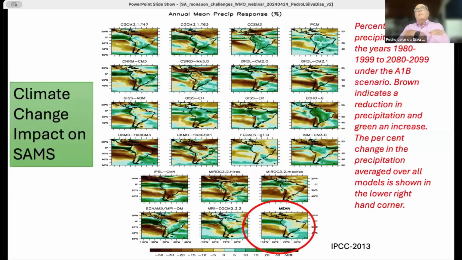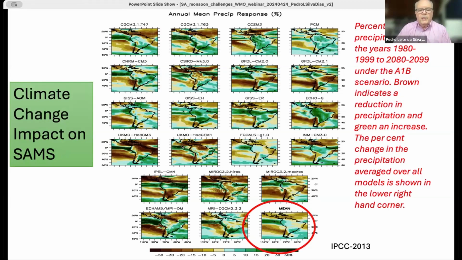From the point of view of predictability, if you look at products from IPCC, different versions, IPCC 3, 4, 5, 6, you still have a significant variability in the predictions concerning the central part of Brazil. Keep attention on a point in the center of this picture, and you'll see that there is significant variability.